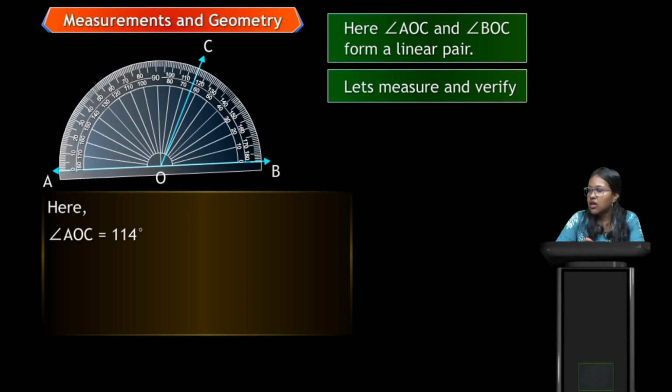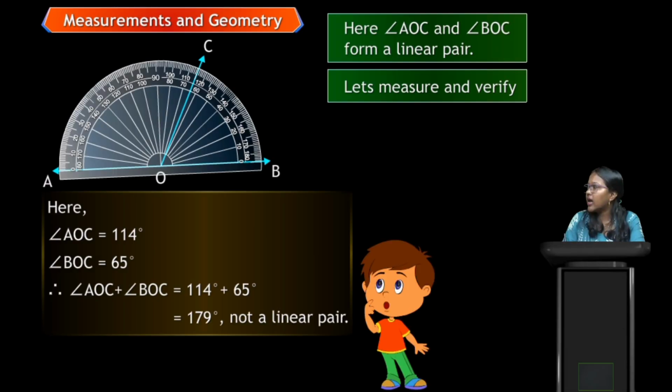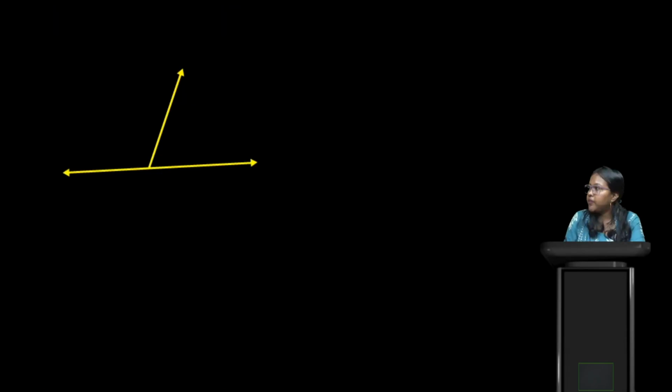Yes, this is 114. Okay. Now here you see angle BOC, how much is it? If you notice, it is 65 degrees, and if you add both of them together, you are getting 179. That means though it seems not a linear pair, we are seeing that AOB is a straight line. So how did it become possible? Why is the measure different from the actual angle?